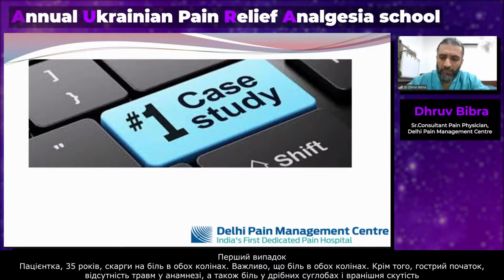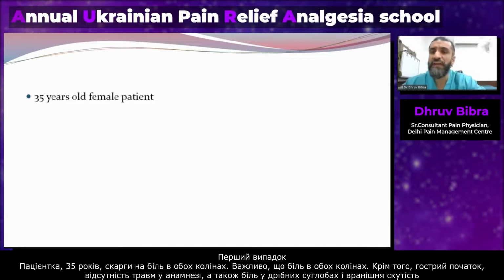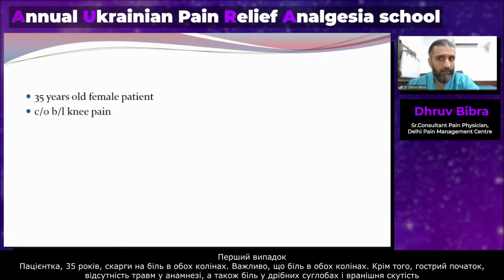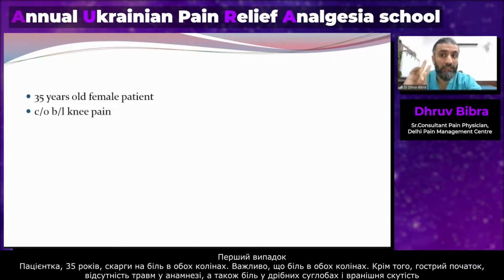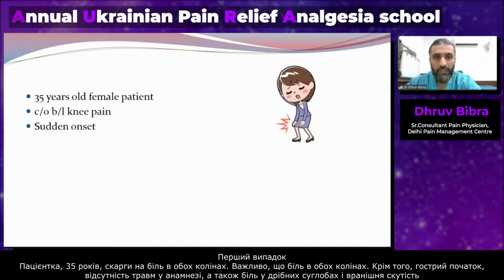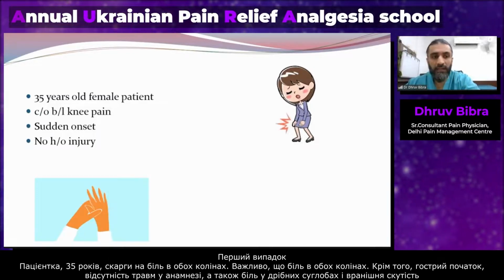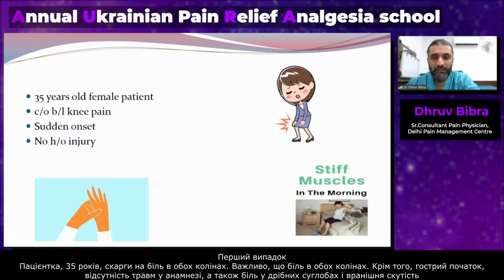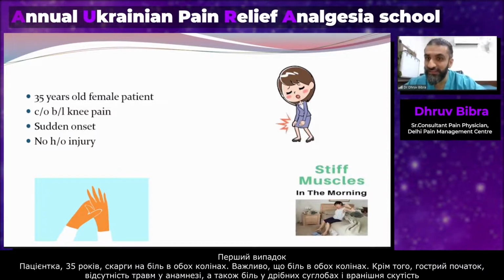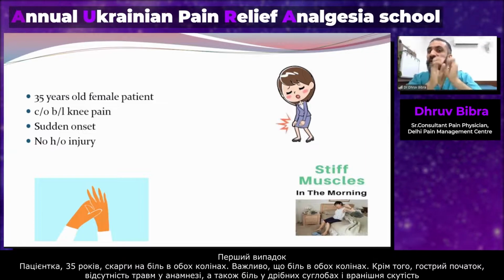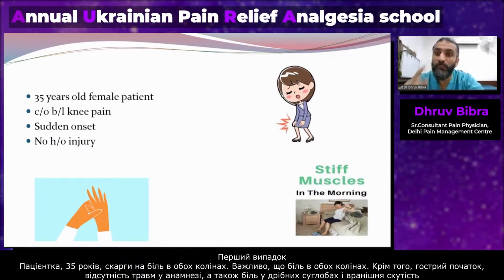So let us start with the first case. We have a 35-year-old female patient who complains of bilateral knee pain. Now, important thing, it's a bilateral pain. Along with that, it is of sudden onset, no history of injuries, and two things which make it interesting are that the patient is also complaining of small joint pains and early morning stiffness.